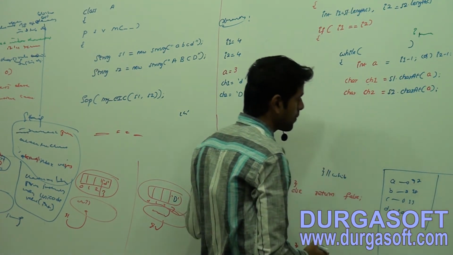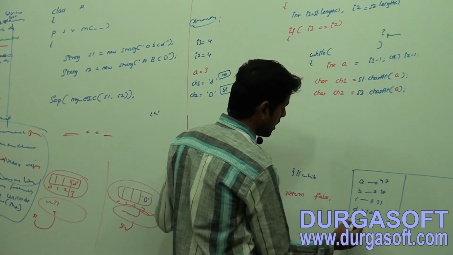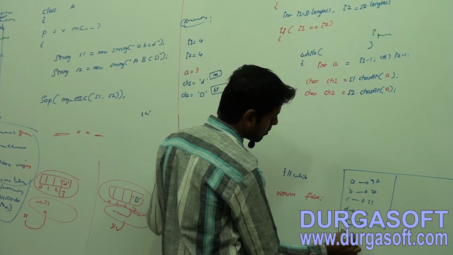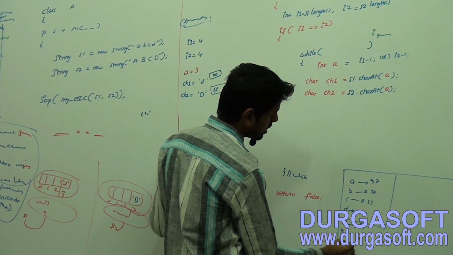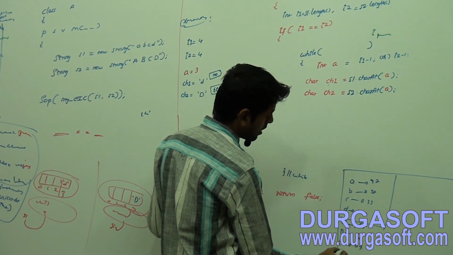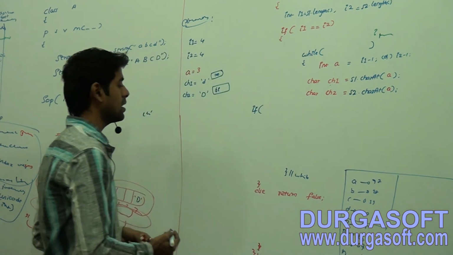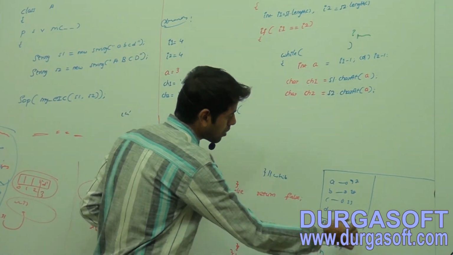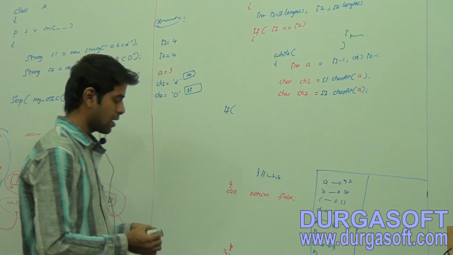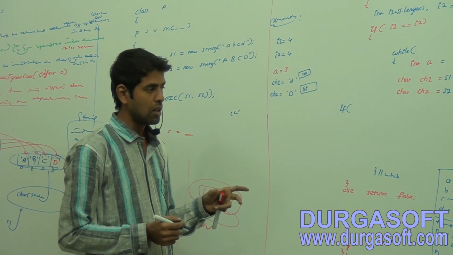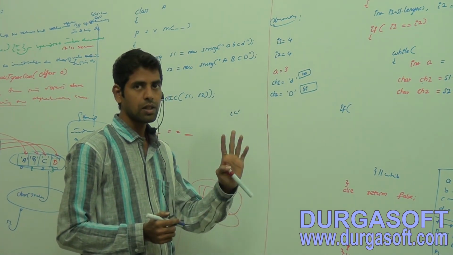And for uppercase capital A 65, capital B 66, capital C 67, capital D 68. This is for lowercase and this is for uppercase. Observe this one properly. If we understand that one, everything will be so fine.